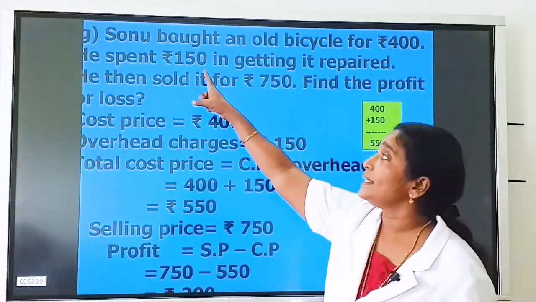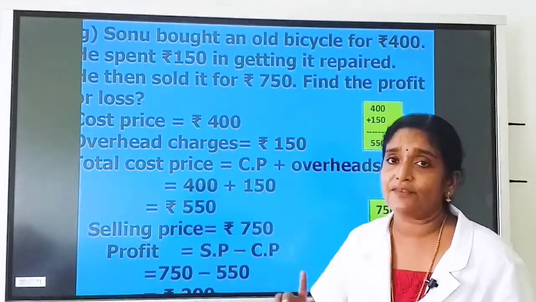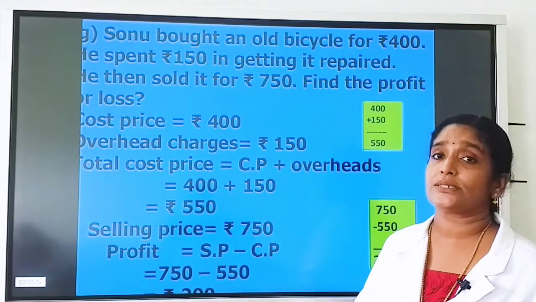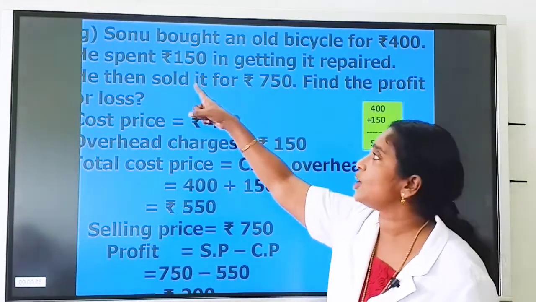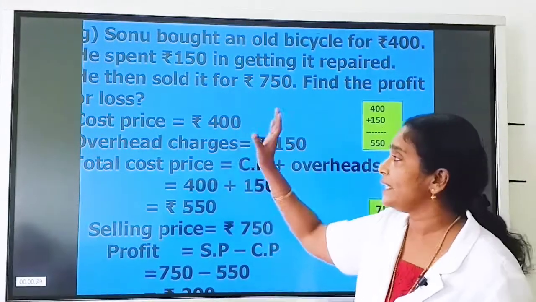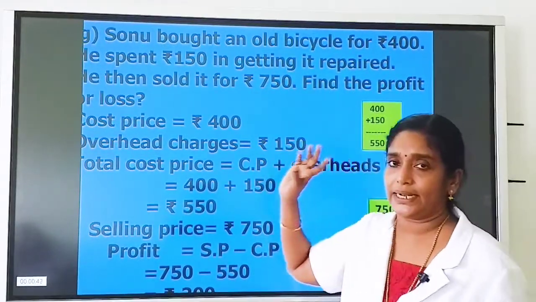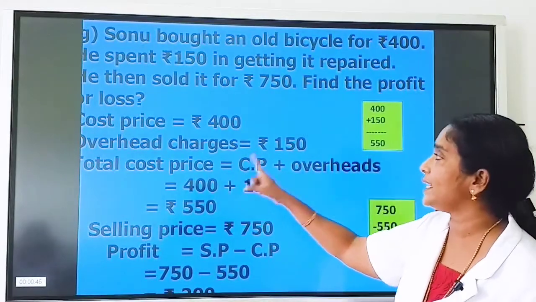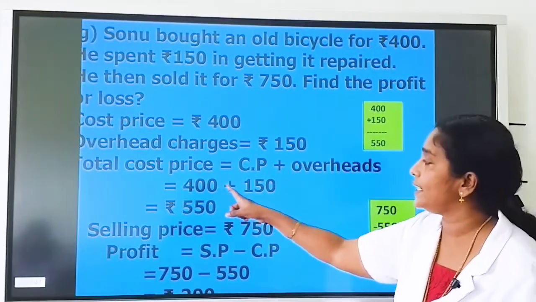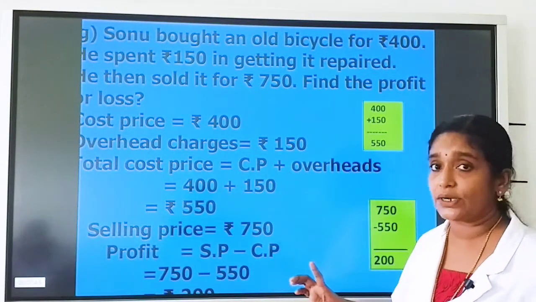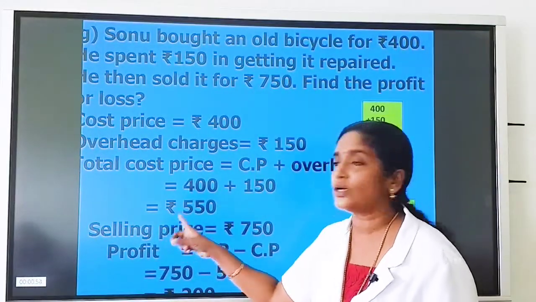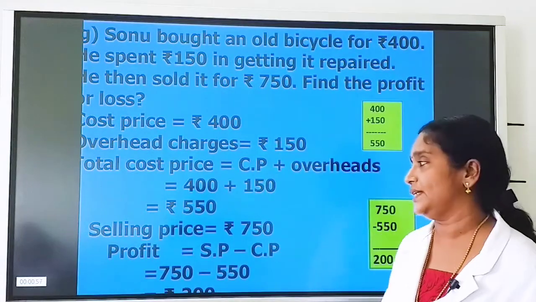And he spent 150 rupees to repair it. So, what is the total cost price? Cost price plus overhead charges. So, here cost price is 400, overhead charges is 150. So, total cost price equal to 400 plus 150, which is 550.